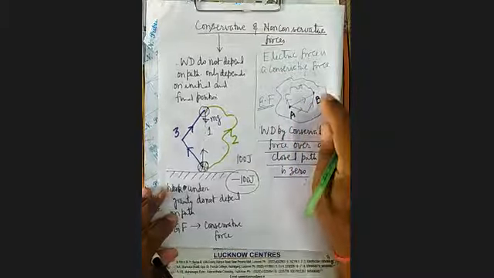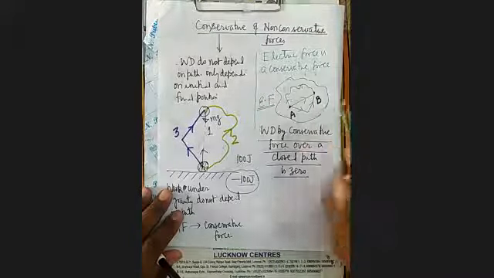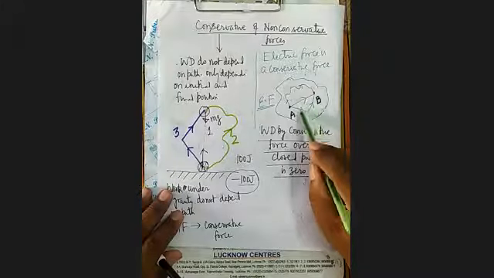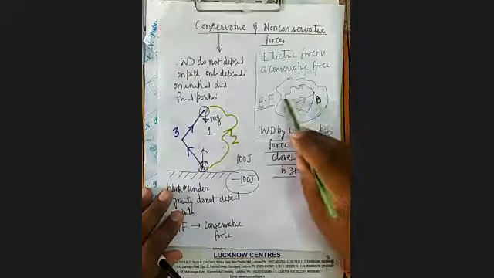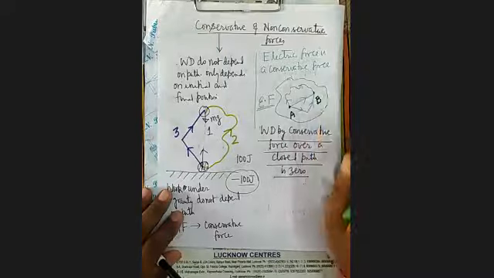You can find that in every case the work will be the same, whether you go through this path or that path. In both cases, the work will be the same.